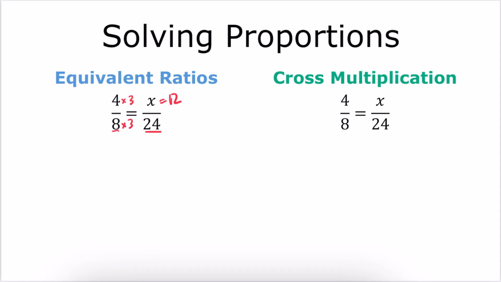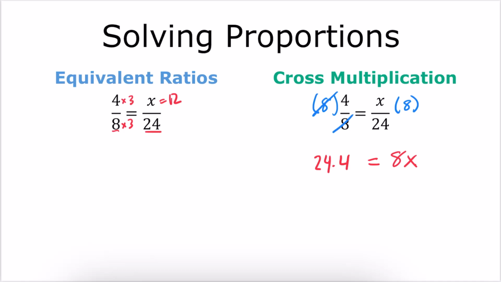Then the cross multiplication method says that we're going to multiply 24 times 4, and that this is going to be equal to 8 times x. The reason that cross multiplication works is because what we're doing here is multiplying both sides of the equation by the denominators of the fractions. If I multiply both sides by 8, this 8 and this 8 will cancel out because 8 divided by 8 is 1.